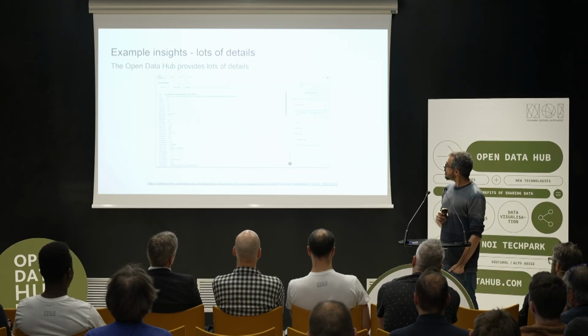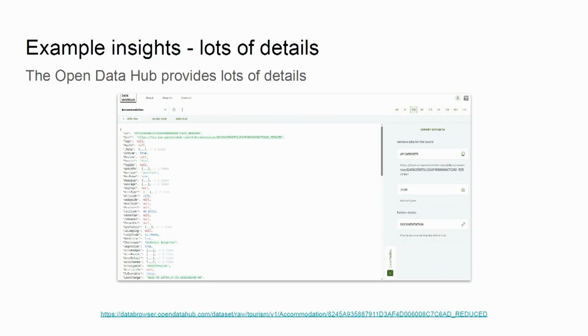In this example, we see the raw data of a certain record. By record, I refer now to a single entry in a database, for example, a single line. So this is just one accommodation, a specific one. And this visualization tells us there is lots of data.